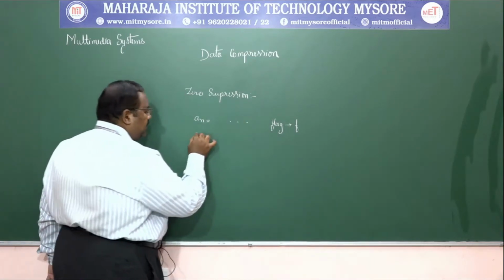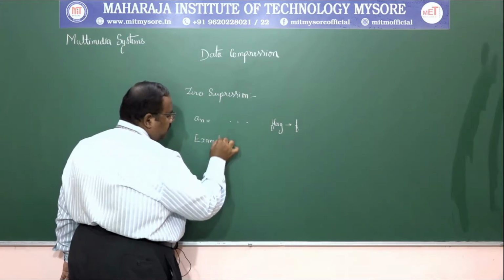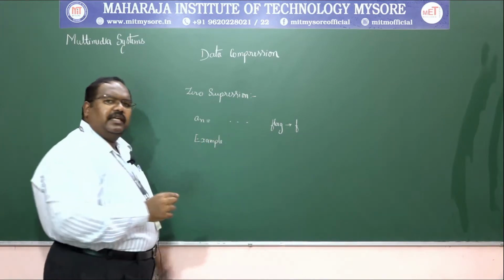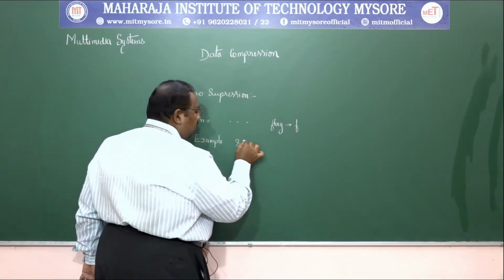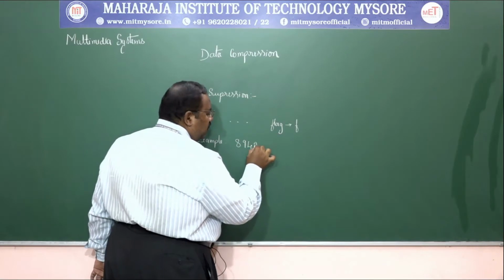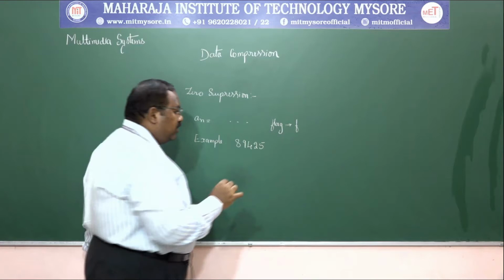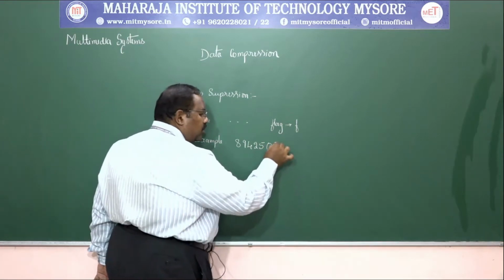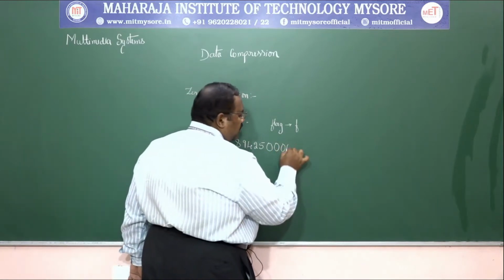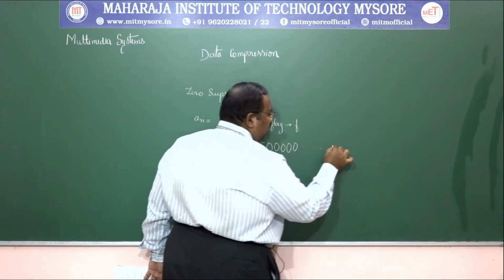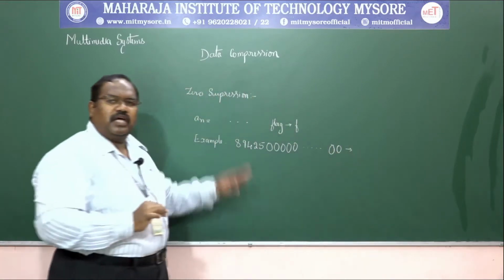Consider an example. Here let us take a huge stream of data bits, 8, 9, 4, 2, 5, a random number. Along with that, there is a huge continuous data stream. I don't write it all, but I'll continue some more. Let us consider how many zeros are there.